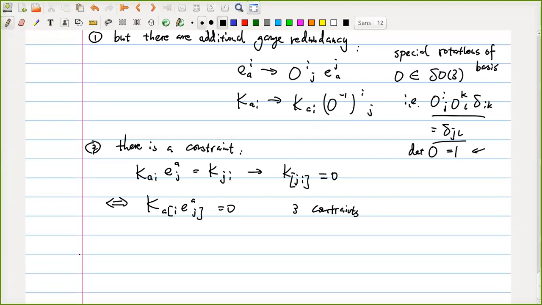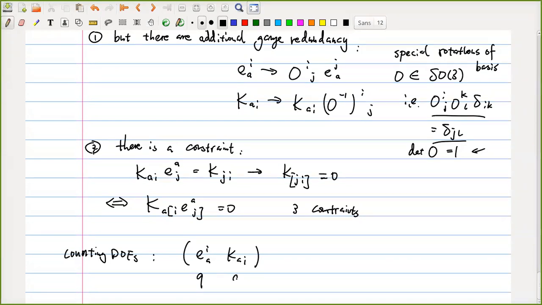Now we can also count the degrees of freedom to see that the whole story is consistent. Counting degrees of freedom. We start with the variables e^a_i and K_{ai}. e^a_i is a 3x3 matrix with no symmetry, so you have 9 degrees of freedom, 3 times 3 is 9, and K is the same.